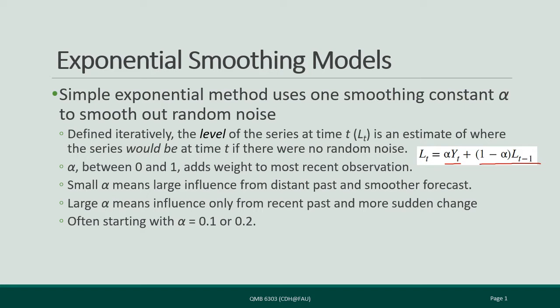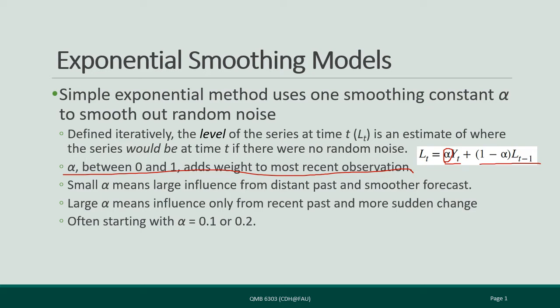Then there's a smoothing constant alpha that's added to give a weight to the immediately prior observation. Alpha is always between 0 and 1, and it gives the weight to the most recent previous observation.